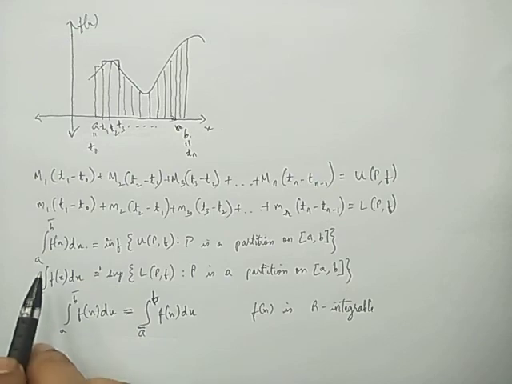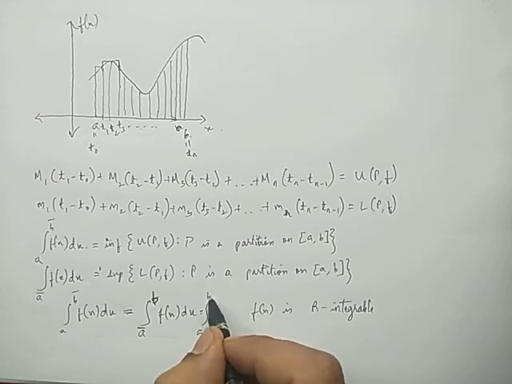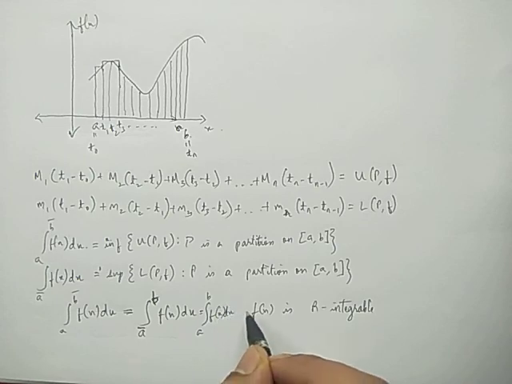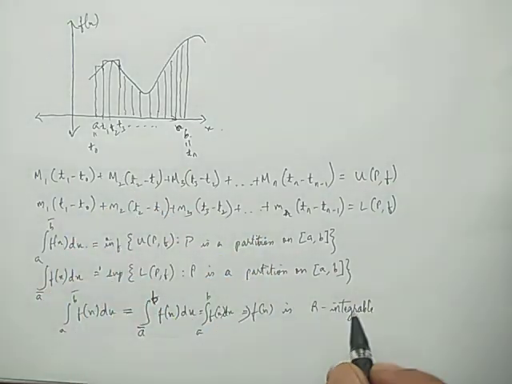So if these values are equal, then we say that the function f is Riemann integrable. Then we also denote the value of this as the integral of f of x dx. So this implies the function f is Riemann integrable. That is, all the theory lies in the Riemann integral. Thank you.